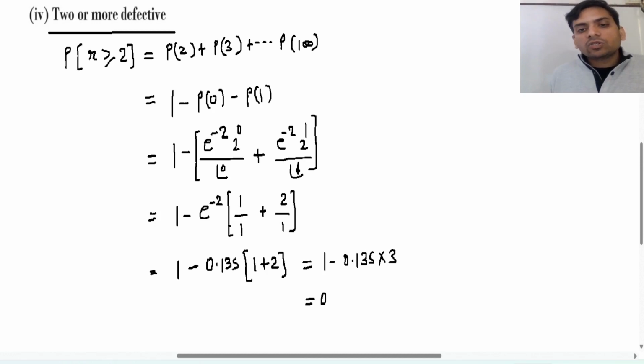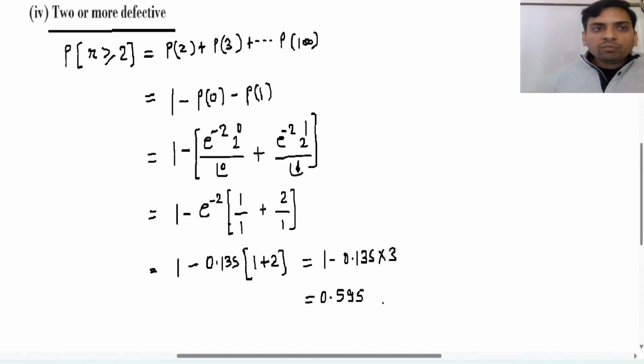I think this is 0.625. Please cross check. 0.59. So this is 0.59. Clear? Any doubt? Confusion? Okay.